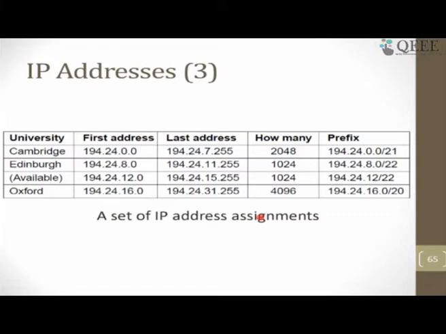Of course, I can do that. I can have 194.24.12.0/22. As soon as I do this, 1024 addresses are gone. Then I can have 194.24.16.0/21. Then 2048 will be gone, and still I need 1024 addresses.